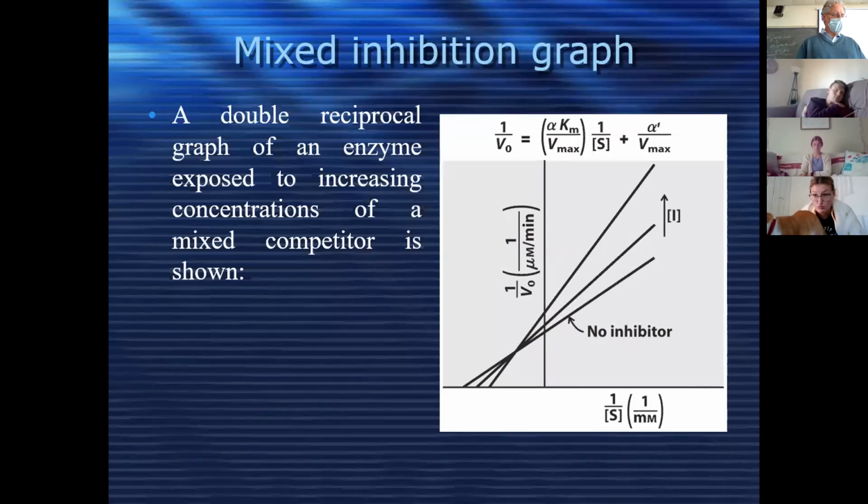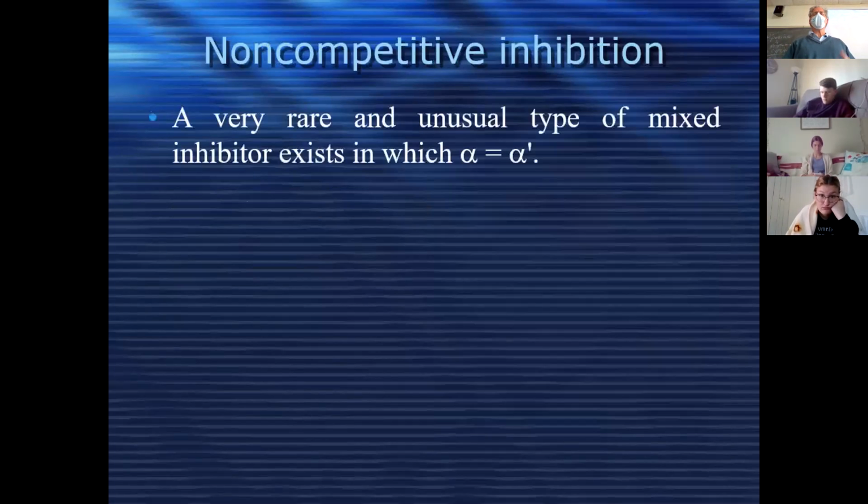All right, now so piperine is a mixed inhibitor. Now, if you are a mixed inhibitor and your alpha equals alpha prime, then you are a non-competitive inhibitor.